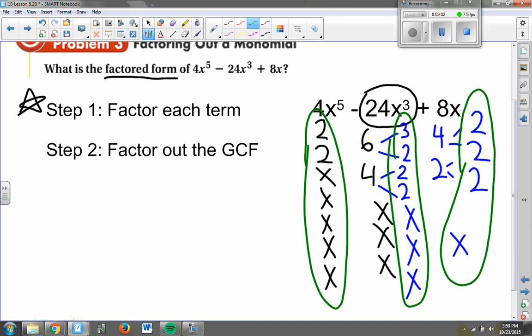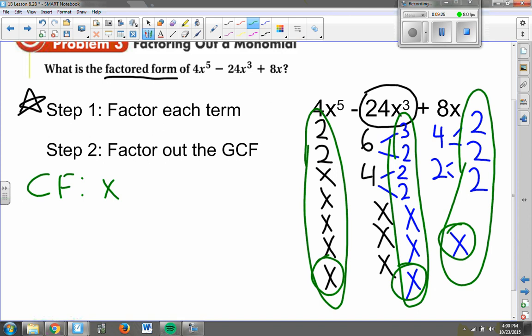And now again, I am going to find the ones that are common. So I'm going to call these common factors CF. Well, I see an x here, I see an x here, and I see an x there. I don't see any more x's in that third one, so I can only take out one of those x's. So x is a common factor.